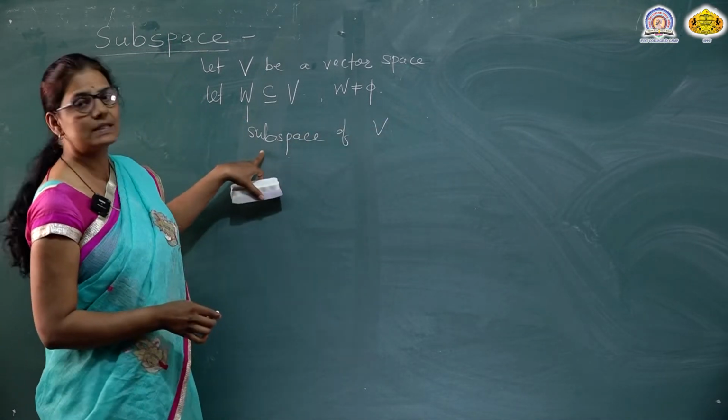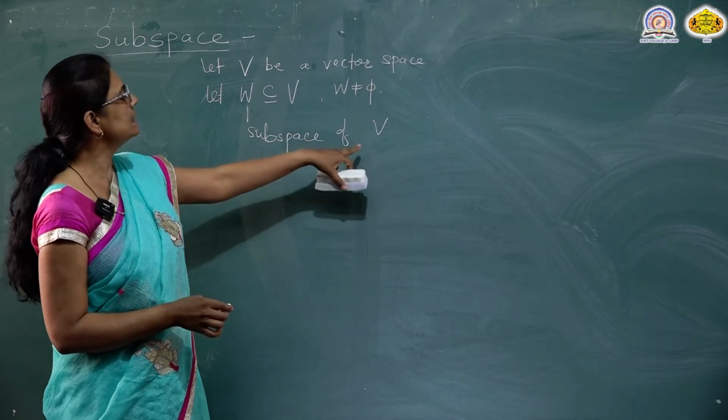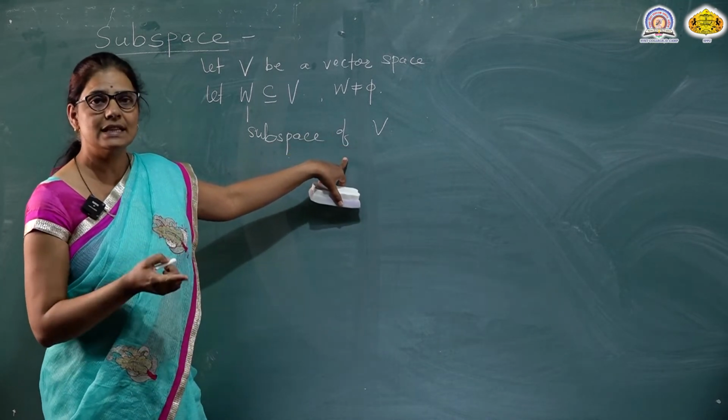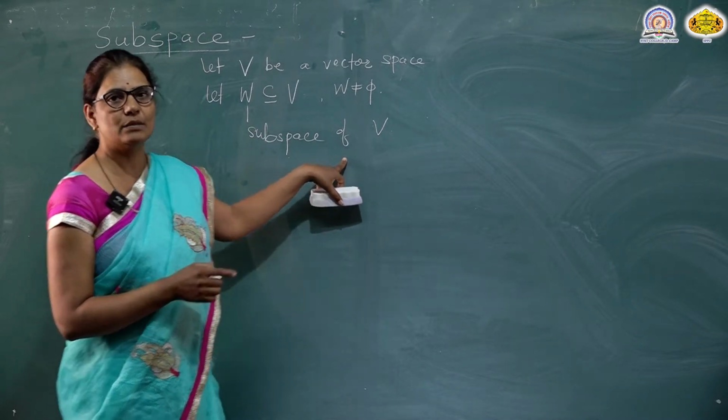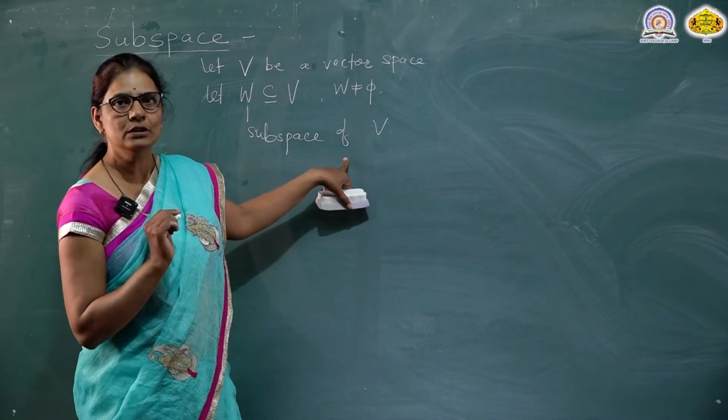A non-empty subset W of V is said to be a subspace if it is itself a vector space with respect to the operations addition and scalar multiplication defined on V.